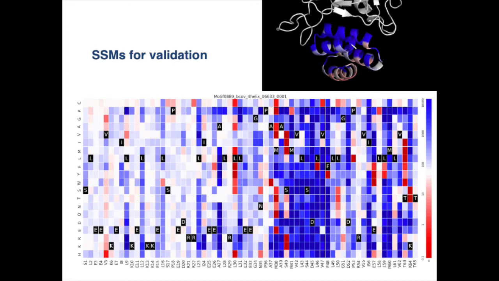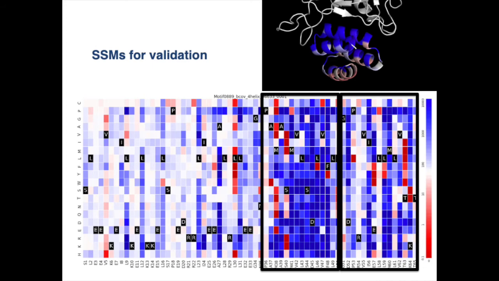In this heat map, the blue squares indicate that a particular library member is de-enriched, so you can't make those mutations without ruining the protein. Conversely, red squares indicate that a mutation is the same as or beneficial to the function of the protein. You can see there are 4 regions in this heat map corresponding to the 4 helices.